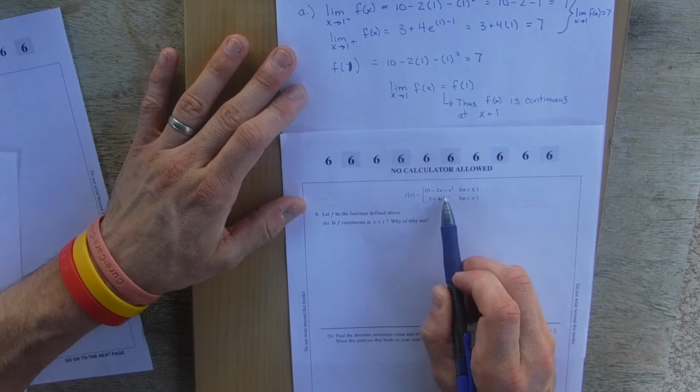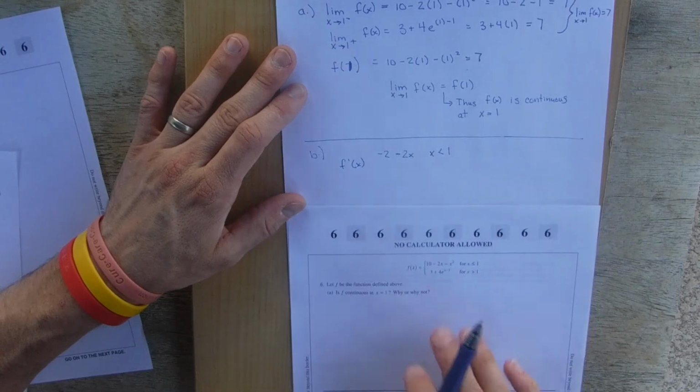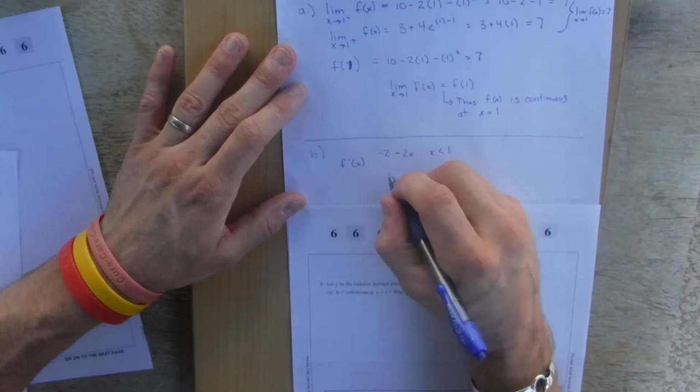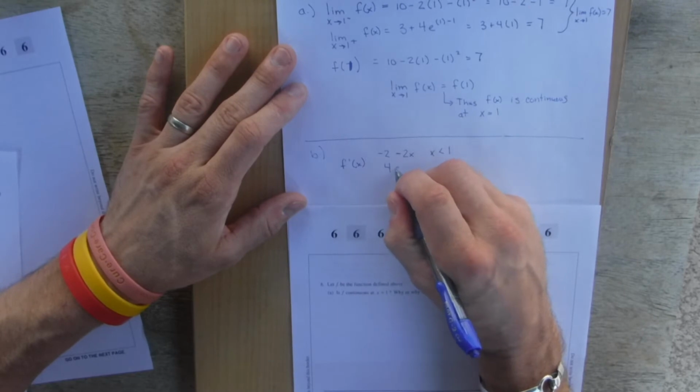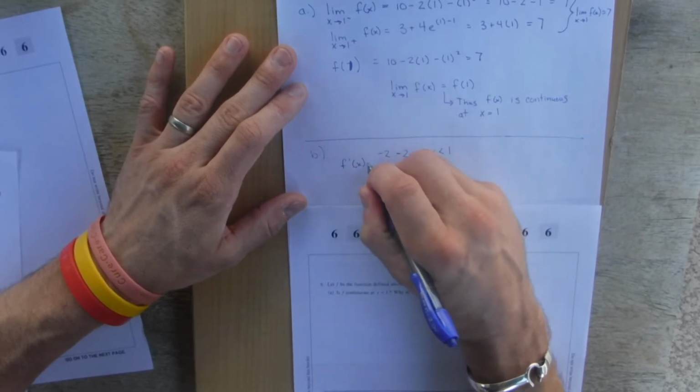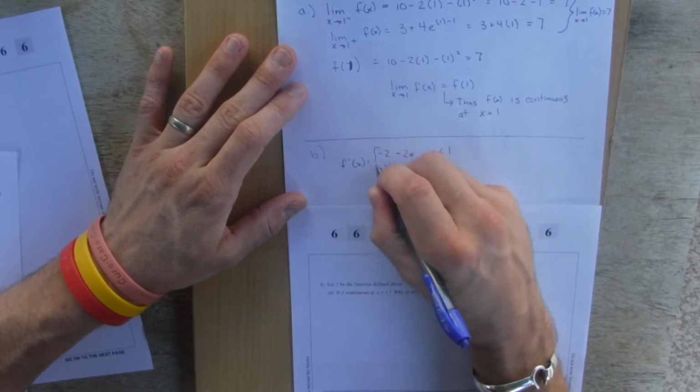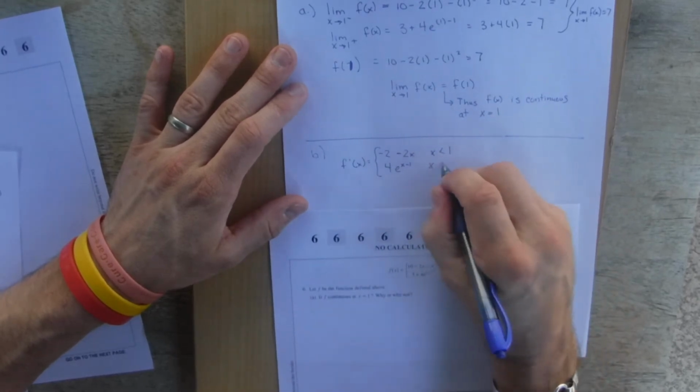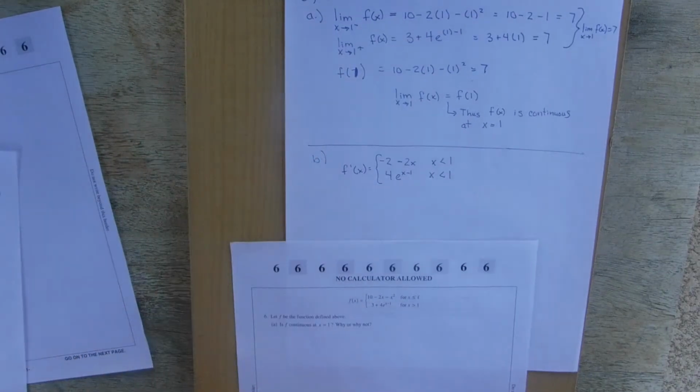E stays the same. Chain rule is still a 1, so it will just drop the 3 portion. So that'll be 4 e to the x minus 1, for x greater than 1.